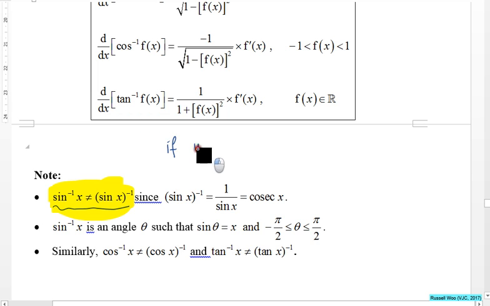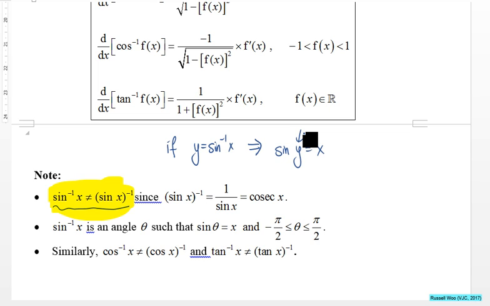That means if y equals sine inverse x, it just means that sine y equals x. So that means y is an angle, x is a ratio. Can I have attention, please? Thank you. One more time.